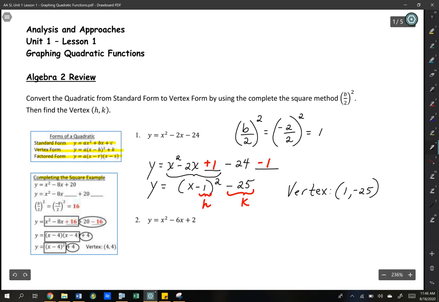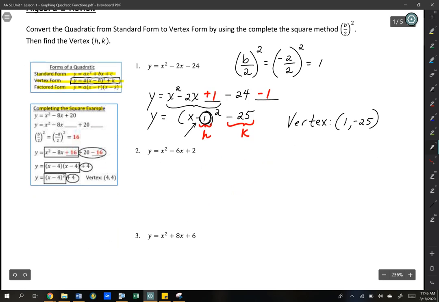Now it's 1 because the vertex form is x minus h squared plus k. This is supposed to be a minus here, so we're only looking at this value. So if you want to think of it this way, it's going to be the opposite of whatever is in that binomial squared.